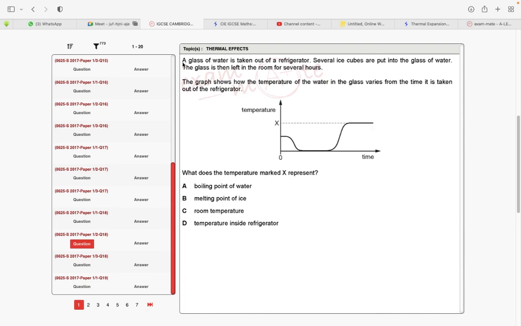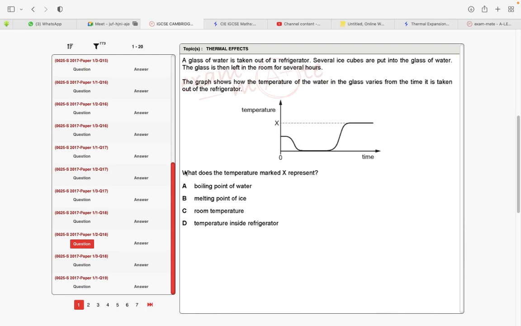Okay, let's go through it. Let's read it. A glass of water is taken out of a refrigerator. Several ice cubes are put into the glass of water. The glass is then left in the room for several hours. The graph shows how the temperature of the water in the glass varies from the time it is taken out of the refrigerator.